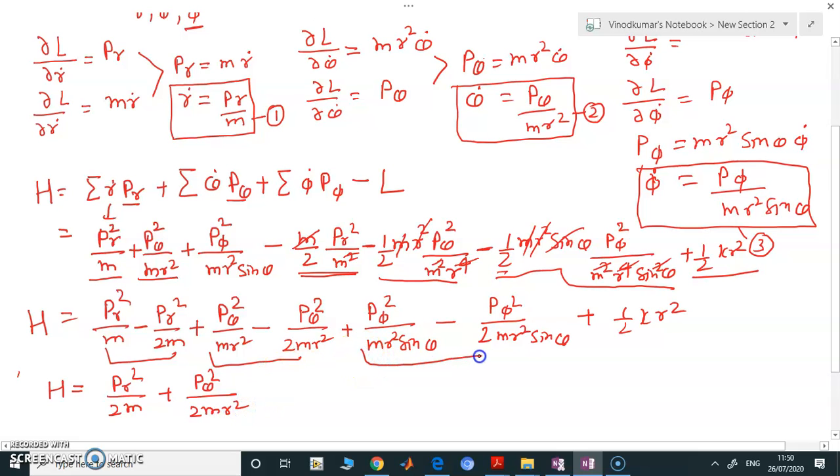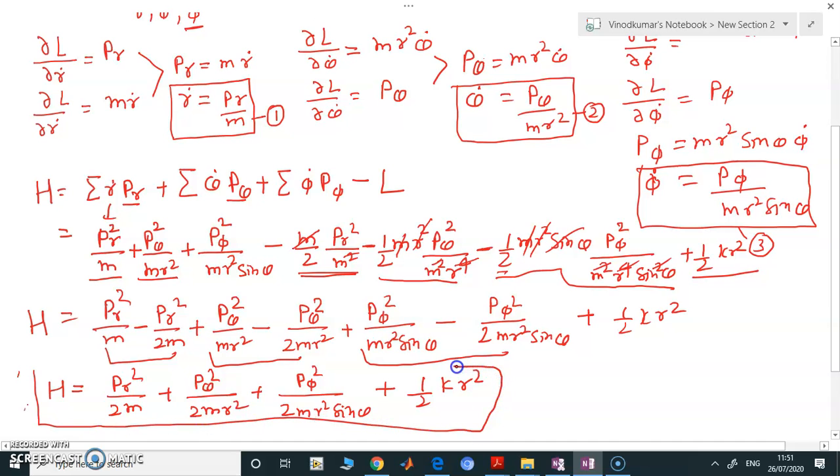And these two terms, if you solve them, give p phi square divided by 2m r square sine square theta, and the last term, the potential energy term, half k r square. Okay, so this is the corresponding Hamiltonian of the given Lagrangian.